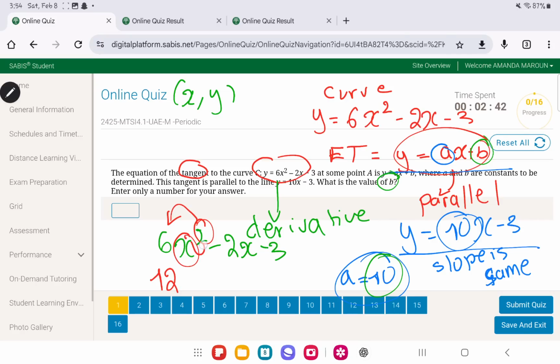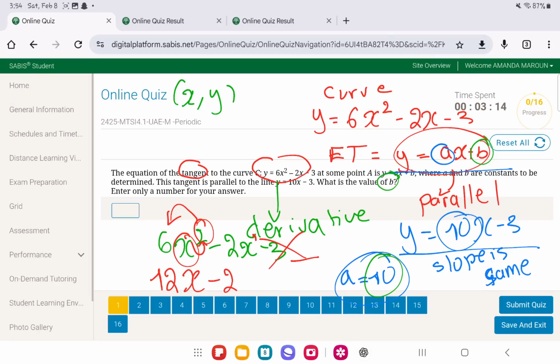And then x is going to be 2 minus 1, which is 1. So 12x. Minus 2x to the power of 1. 1 times minus 2 is minus 2. x to the power of 1 minus 1 is going to be x to the power of 0, and anything to the power of 0 is 1, so there is no need to put it. Now minus 3 does not have an x, so definitely we are not going to put it. So now the equation to find the slope is 12x minus 2.